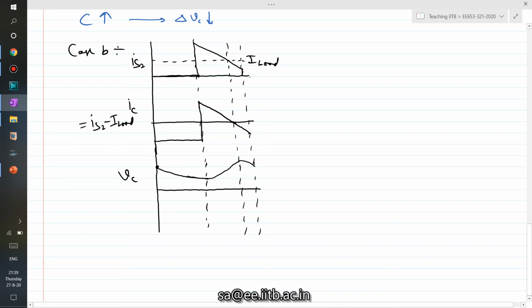The final point and the initial point are the same. This is how the capacitor voltage waveform would look. Obviously, it is a zoomed version. The actual ripple, as we understand, is going to be much, much smaller. This is more for the observation and finding the ripple value, so we are drawing it in a zoomed fashion.